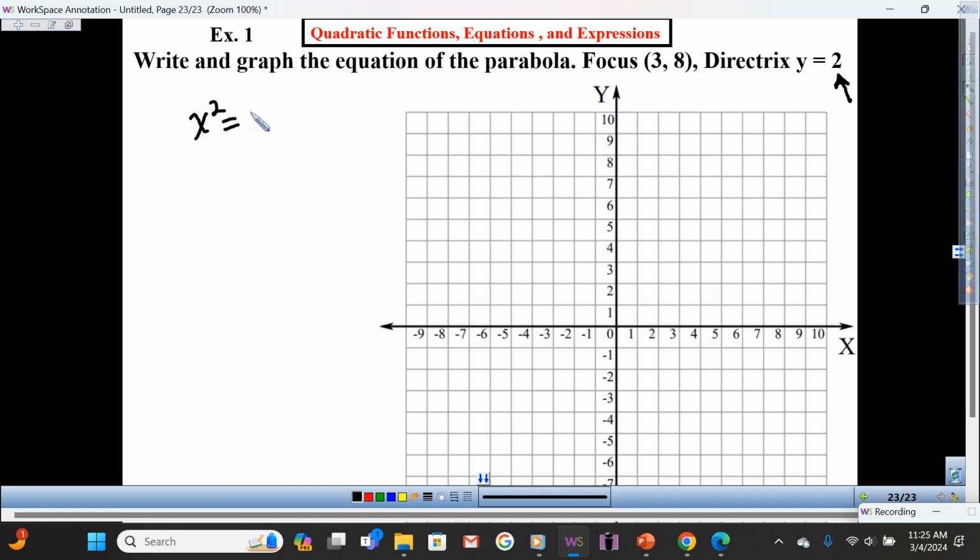X squared equals 4py. Okay, hold on before you write it down. But then we look at the focus. Does the focus have a 0 anywhere there? No, which means we need to change this. Is that correct? So, tell your neighbor what to write here and what to write there.